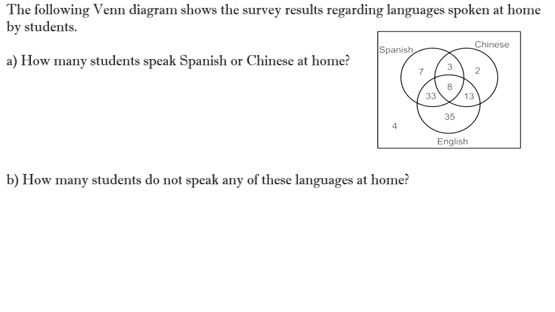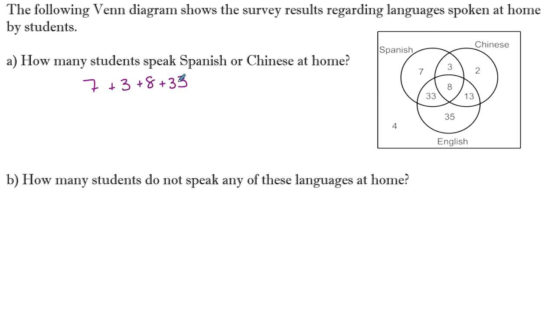Last for this section, let's take a look at Venn diagrams and see how those relate back to probability as well. How many students speak Spanish or Chinese at home? Well, Spanish or Chinese means that we're looking for every single student in the Spanish circle and every single student in the Chinese circle. So we need to add those up. So we have 7 plus 3 plus 8 plus 33.